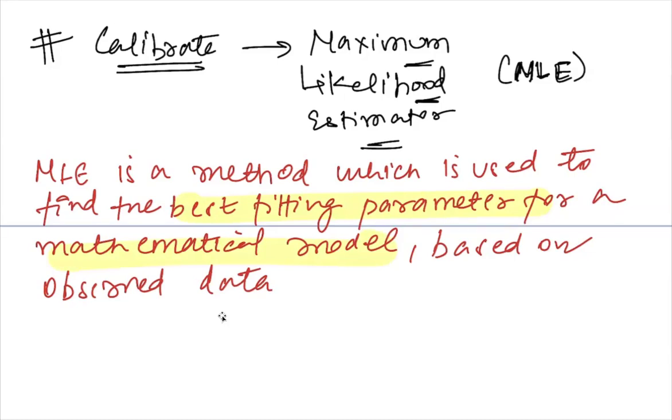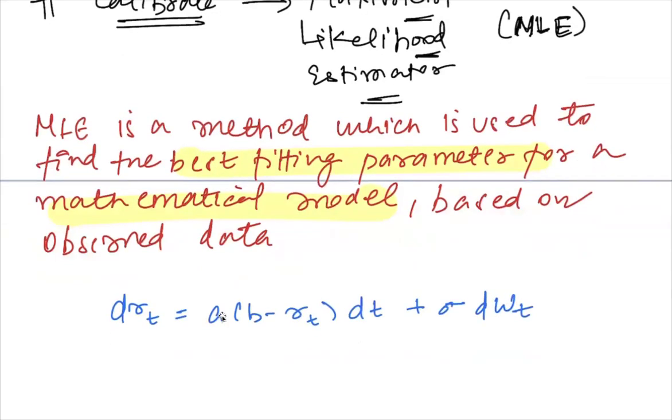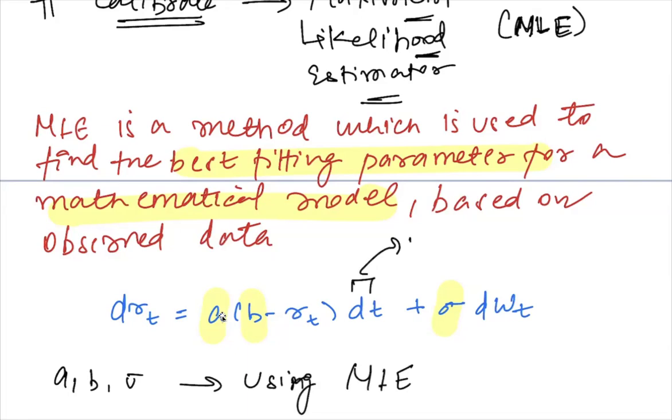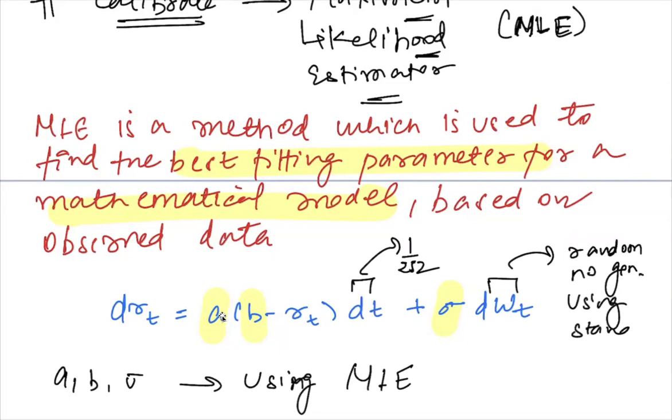If you remember this equation, dRt is equal to A times (B minus Rt) dt plus sigma dWt, what we are trying to do is find these A, B, and sigma using MLE. dt is 1 by 252, and dWt is nothing but Brownian motion, a random number generated using the standard normal distribution.